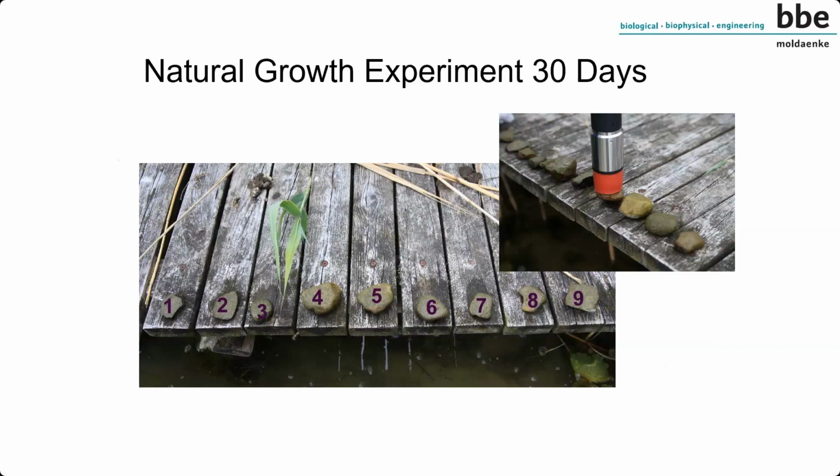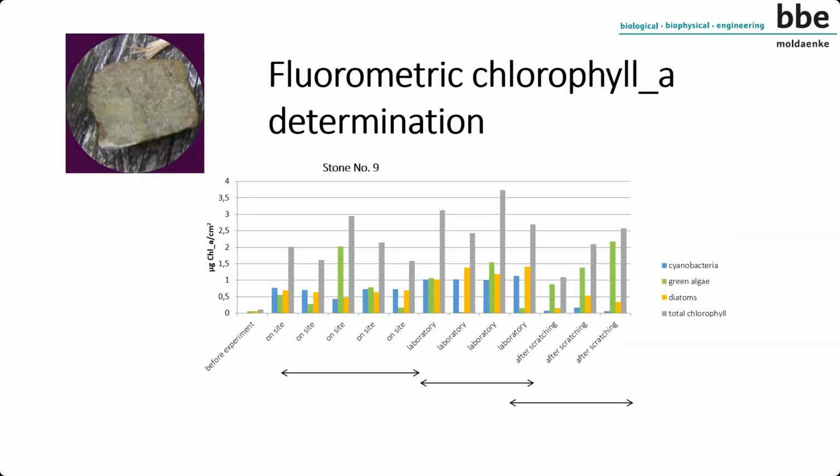An experiment which we performed with different natural materials: we used different stones for 30 days, and measured them before and after growth of algae in a lake very close to our company. And you can see here the results. In the before experiment, we see a very low amount. This is in micrograms chlorophyll per square centimeter.